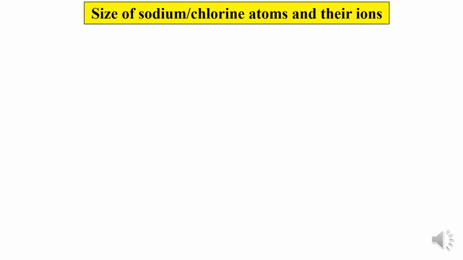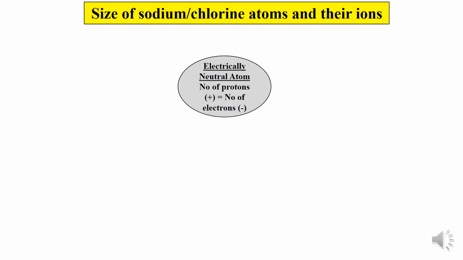So let me give you one more example dealing with the size of both cations and anions. The example will be the formation of sodium chloride. In an electrically neutral atom, the number of protons is equal to the number of electrons, leaving it electrically neutral with no charge.